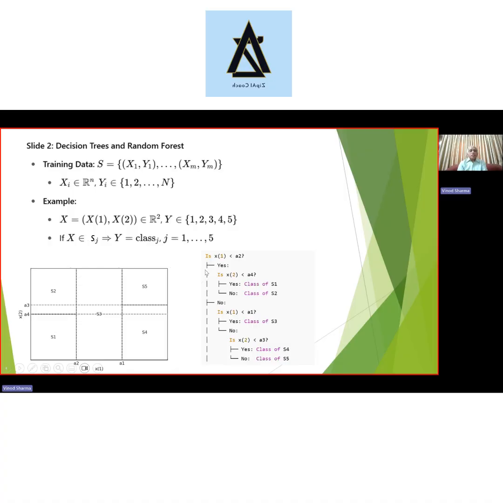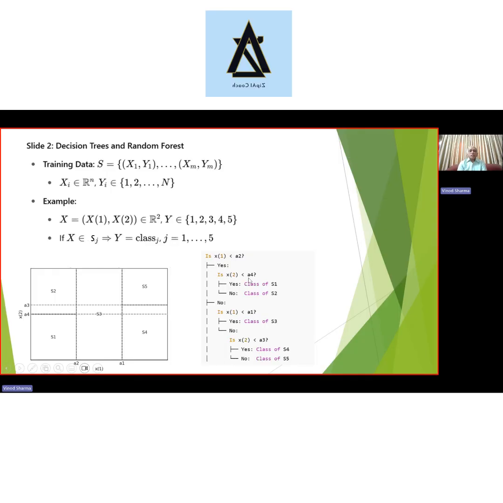The decision tree will start, if you want to classify any observation x, at the root node. If the point x with components x1 and x2 has component x1 less than A2, where A1, A2, A3, A4 are given here, and if the answer is yes, then you again consider the x2 component.